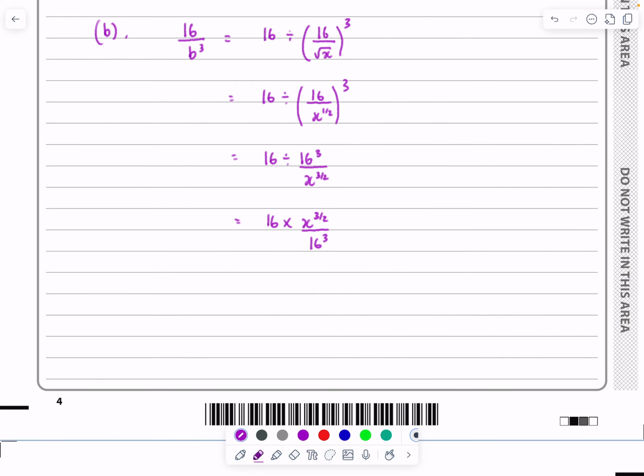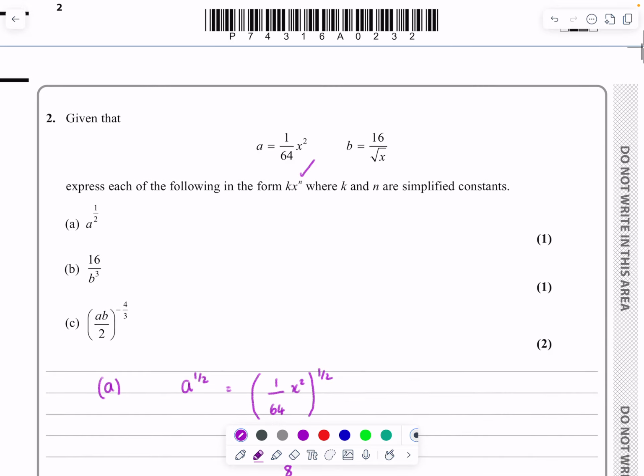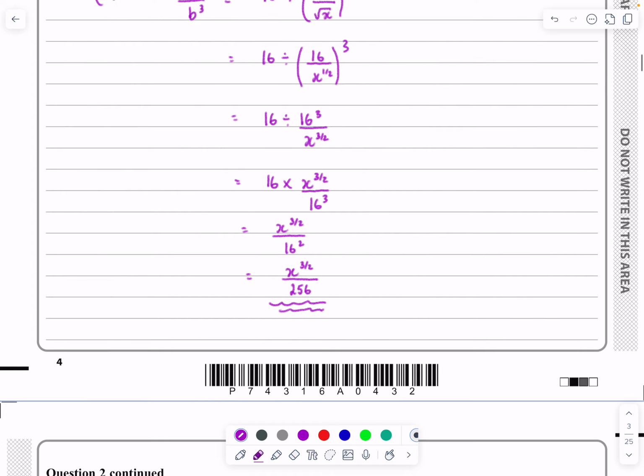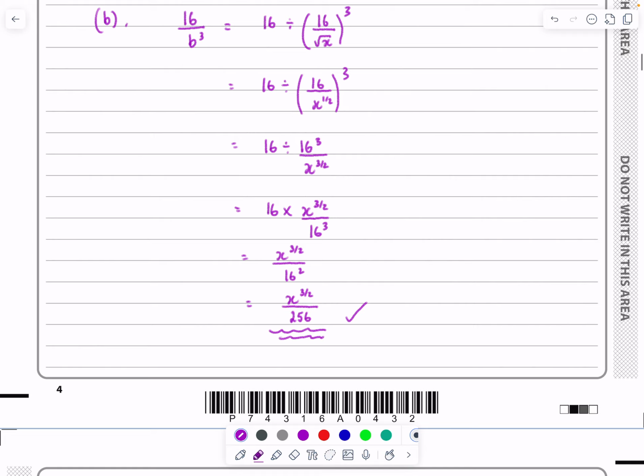Now I'm going to cancel out these 16. 16 over 16 cubed is going to give me x to the 3 over 2 over 16 squared. And then finally, just tidying that up to the neatest possible version I can get is x to the 3 over 2 over, and then 16 squared is 256. So it asked me to do everyone in the form kx to the power of n, which is what I've got here for both that one there and that one there.